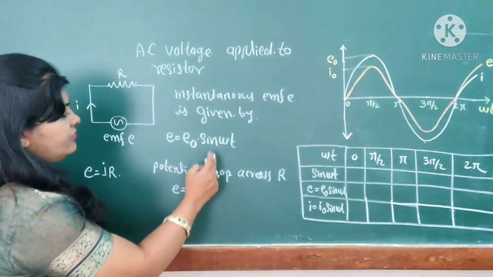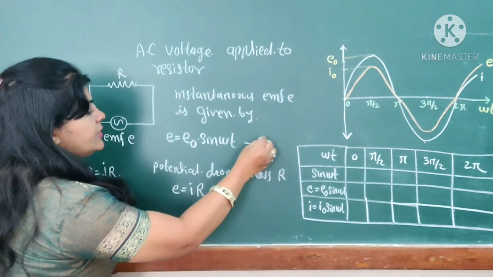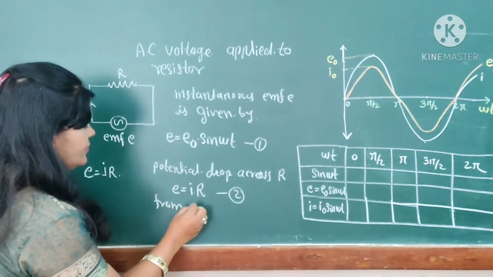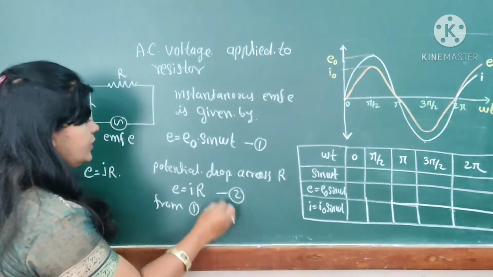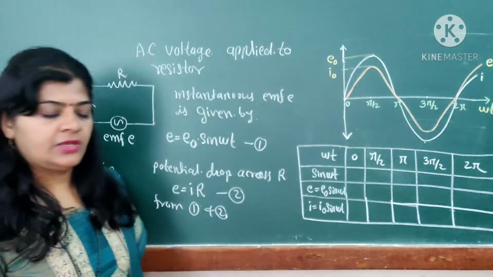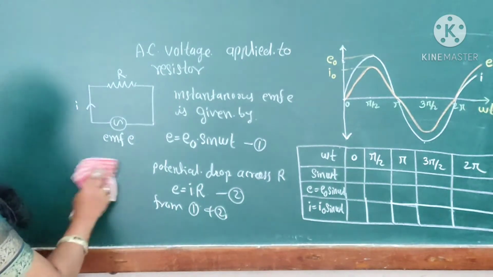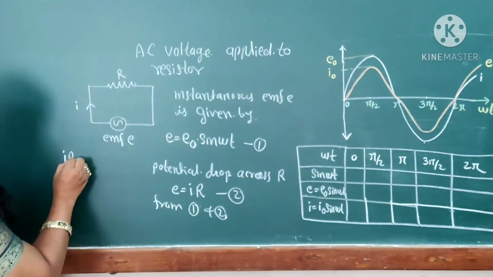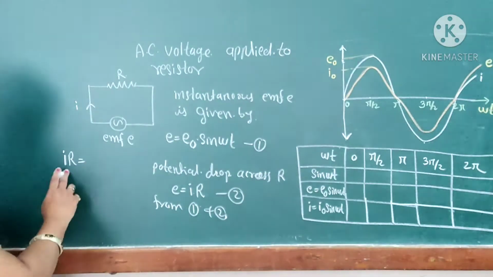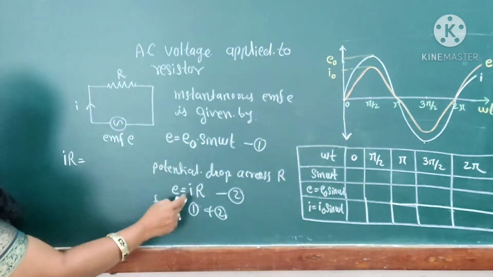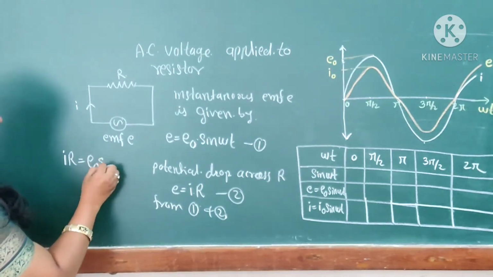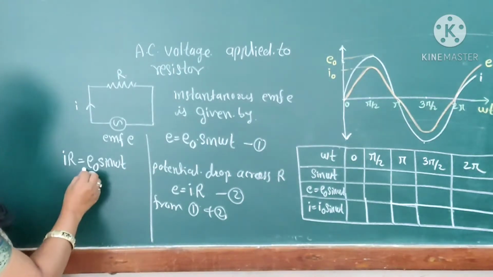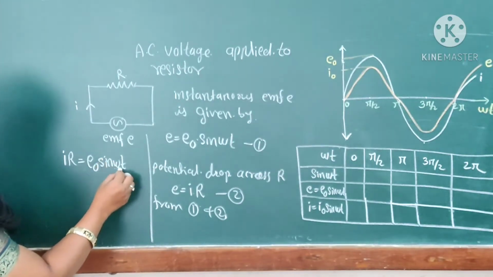Now two equations are there, equation number 1 and equation number 2. If we equate these two equations, what will you get here? You will get I into R is equal to E, and this E we write as E naught into sin omega t.